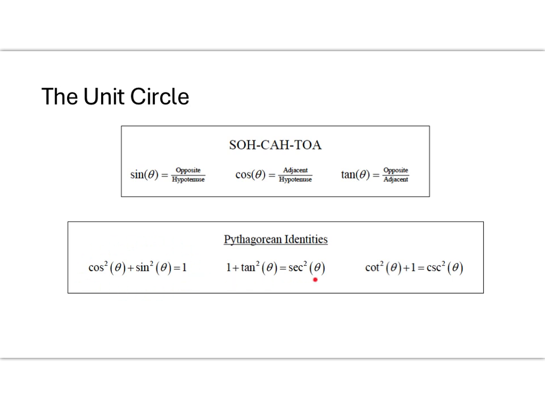These other two you can find by dividing this first one on all terms by either cosine squared or sine squared. Okay, and that'll walk you right to these, which I'll show you in class if you have questions about it. But at a minimum, you need to have this memorized, and you would need to have this one memorized. Okay, you need to just know it.